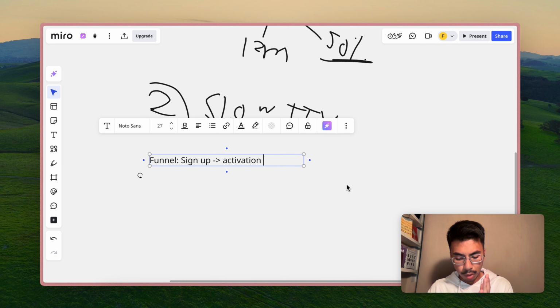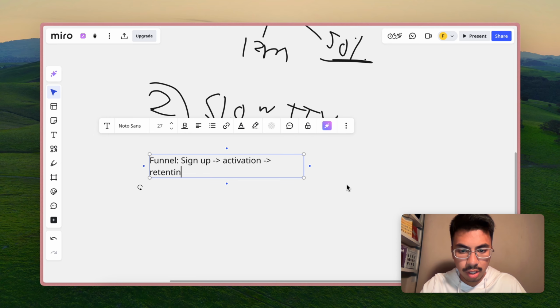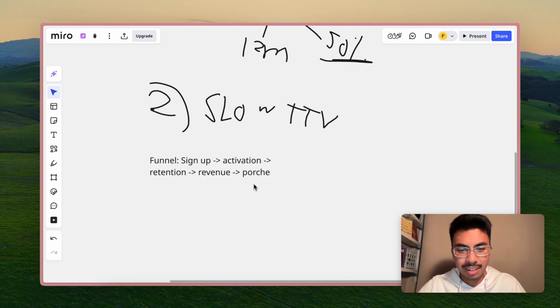As long as, in the first 3 to 5 minutes upon signing up, you direct your users to activate a small win. After activation is, of course, retention. And what do you have after retention? Revenue. And what do you have after revenue? A Porsche, right? So buying a Porsche all comes down to you having a faster time to value.